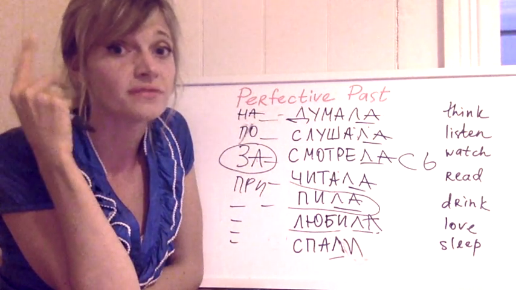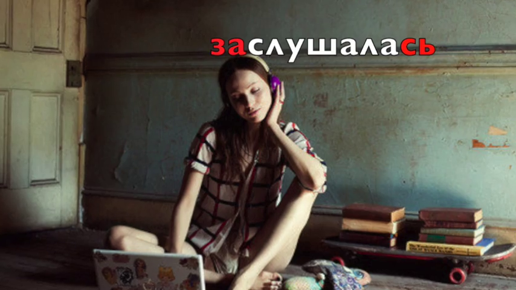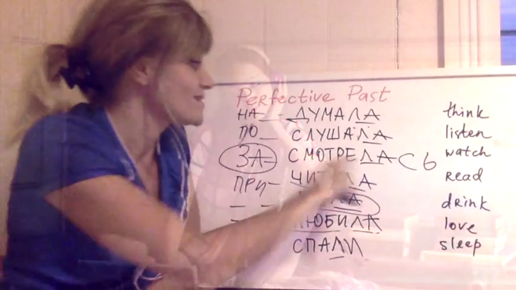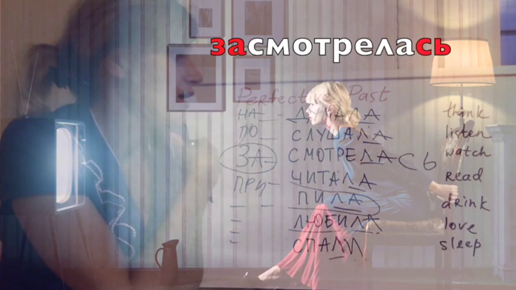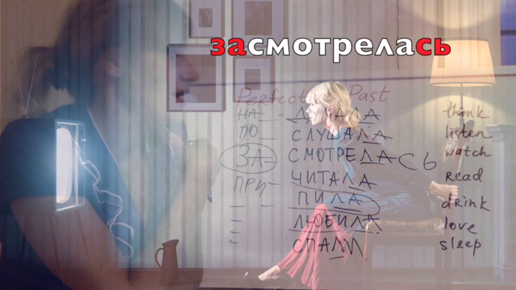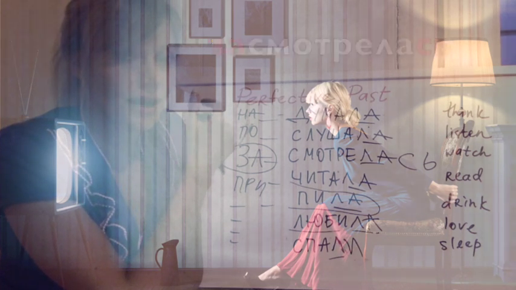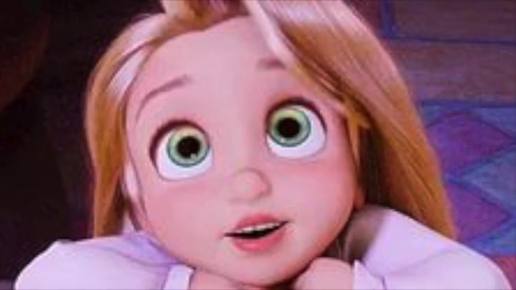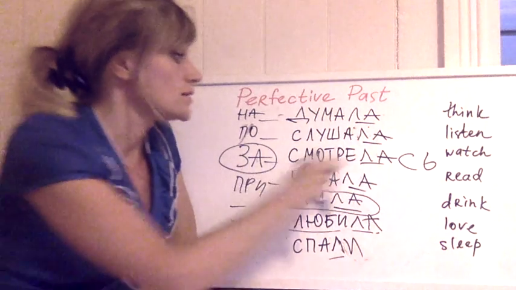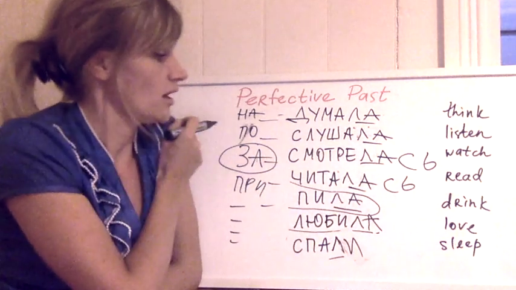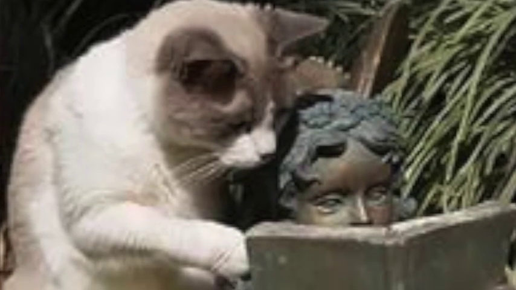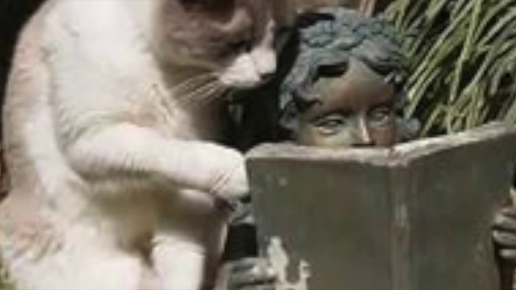I forgot myself listening to it. Я засмотрелась. I was staring, bewildered, in awe. Зачиталась, we use it a lot. Like, oh my god, it was so interesting. I was just inside this book, literally. Зачиталась.